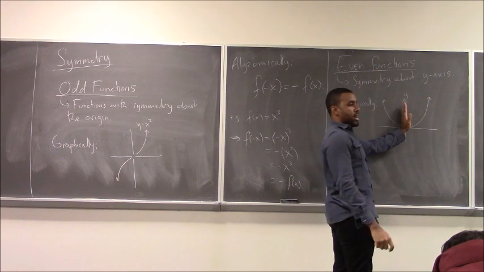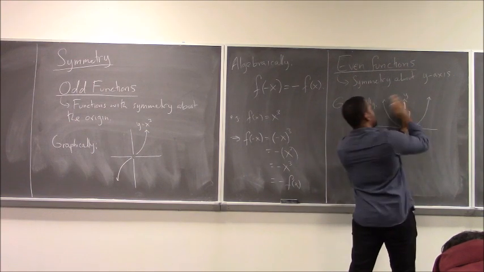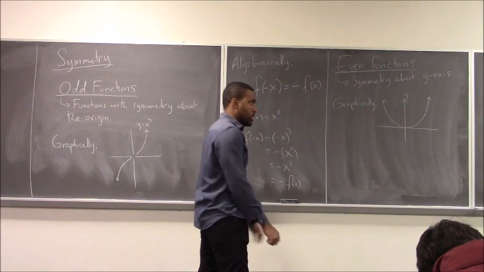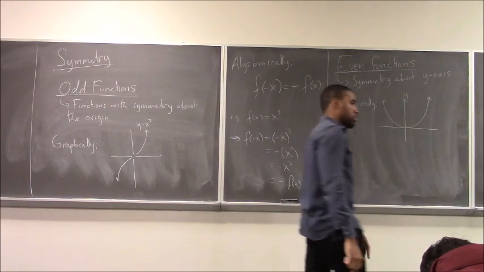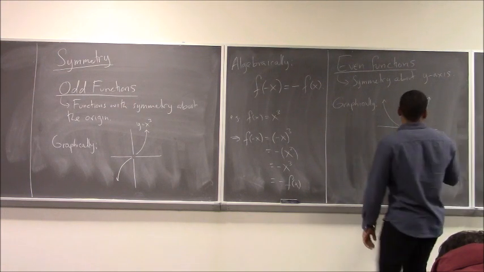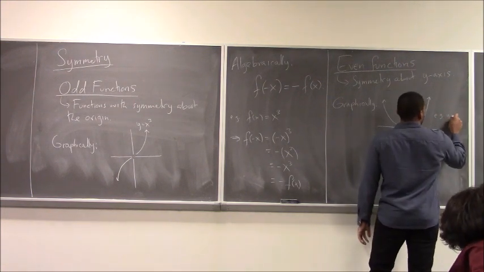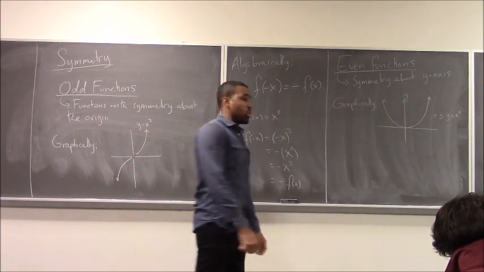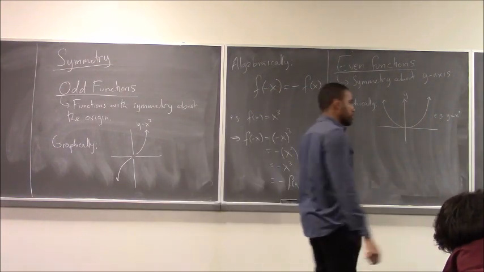Notice that if you use the y-axis as a mirror, the left side flips right on top of the right side, and the right side flips right on top of the left side. This is said to be even symmetry, symmetry about the y-axis. Y equals x squared is an example. Y equals x to the fourth will also do this. Y equals 1 over x squared will also do this.